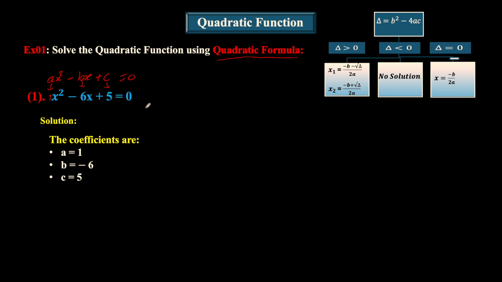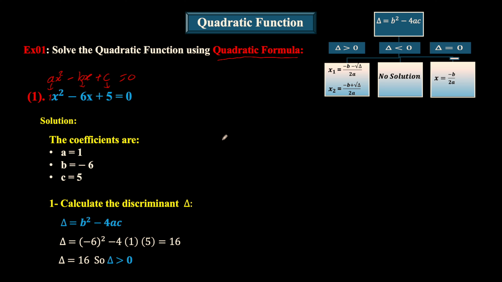Now we start with our formula. First step is to calculate the discriminant delta. Delta is equal to b squared minus 4 multiplied by a and c, this formula here. Delta is equal to, we replace b now by minus 6, which we have here. Minus 6 squared minus 4, we don't touch it, multiplied by a is 1, c is 5.